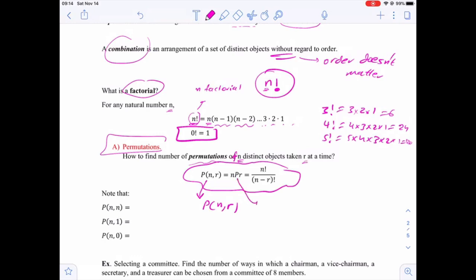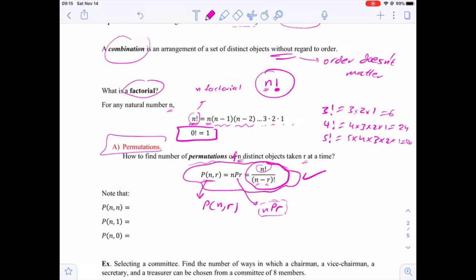If you use a calculator, you may see this on the calculator keyboard. How do we calculate this? We apply this formula: n factorial over n minus r all factorial. This gives us the permutation.